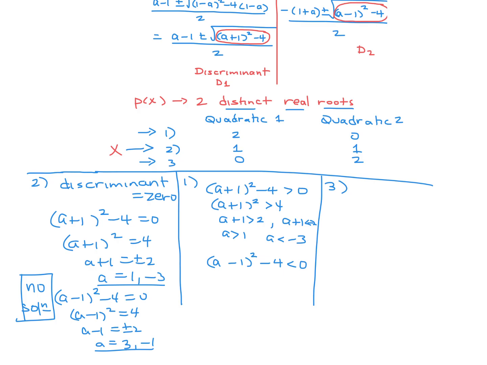In the next one, this would mean that (a minus 1) squared is less than 4, and therefore a minus 1 is less than 2, and a minus 1 is greater than minus 2, and therefore a is less than 3, and a is greater than negative 1.